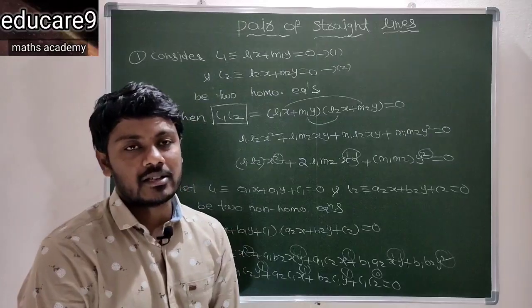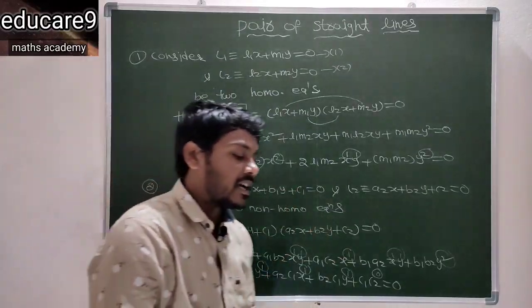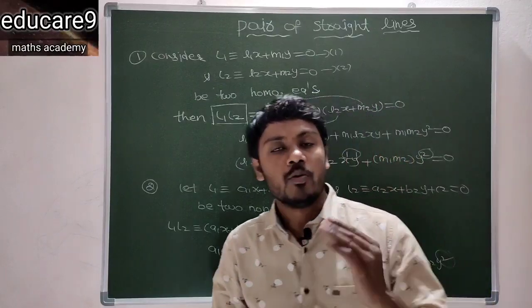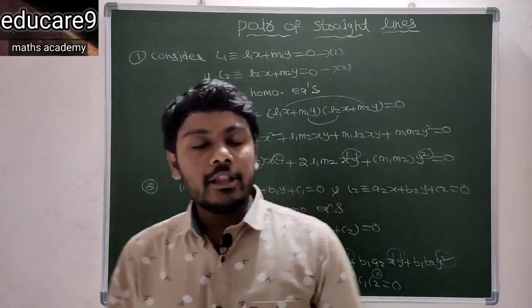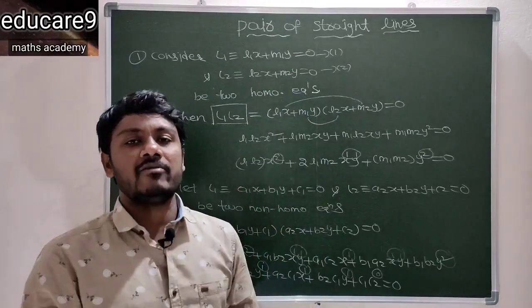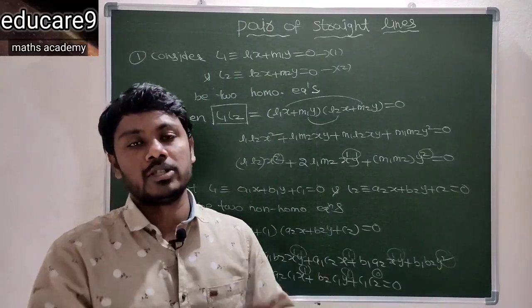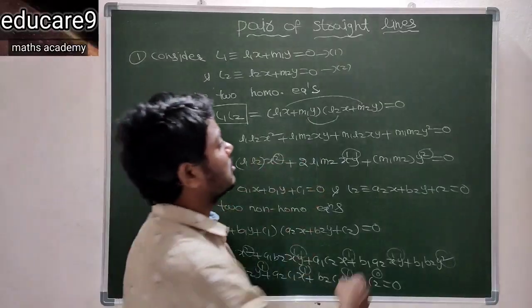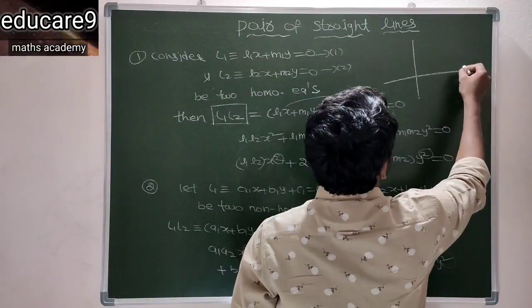Non-homogeneous equations. So clearly from this you can say that the product of two homogeneous equations represents a homogeneous equation, and the product of two non-homogeneous equations represents a non-homogeneous equation. So clearly this one also passes through the origin, because it is a homogeneous equation.